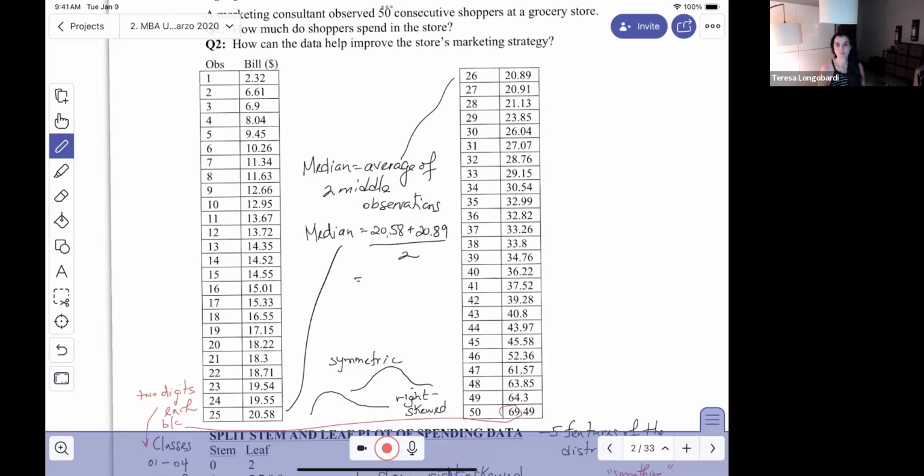What is it? 20.735. So you just added them and divided by 2, right?